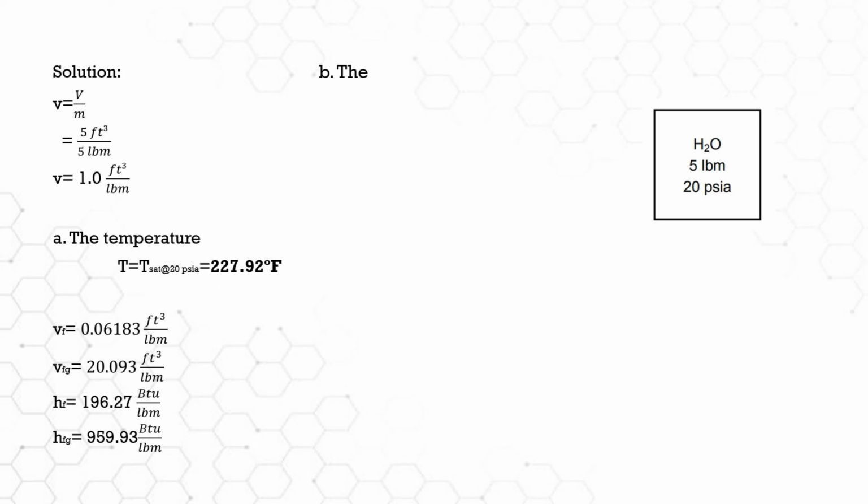Next, we need to determine the quality of water and its total enthalpy. So we are going to use the formula quality X equals the specific volume minus the volume of our saturated liquid over the volume of our saturated liquid and vapor.